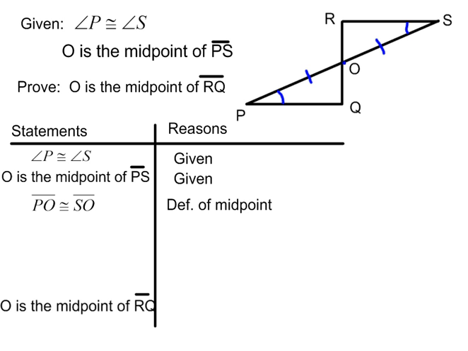It means that if these two segments intersect, we will have a pair of vertical angles. I'm going to label those angles. Here is angle 1 right here, and here is angle 2. These two angles are vertical angles, and we know that if we have two vertical angles, they must be congruent. So I'm going to use two marks for each angle to show that these two angles are congruent.